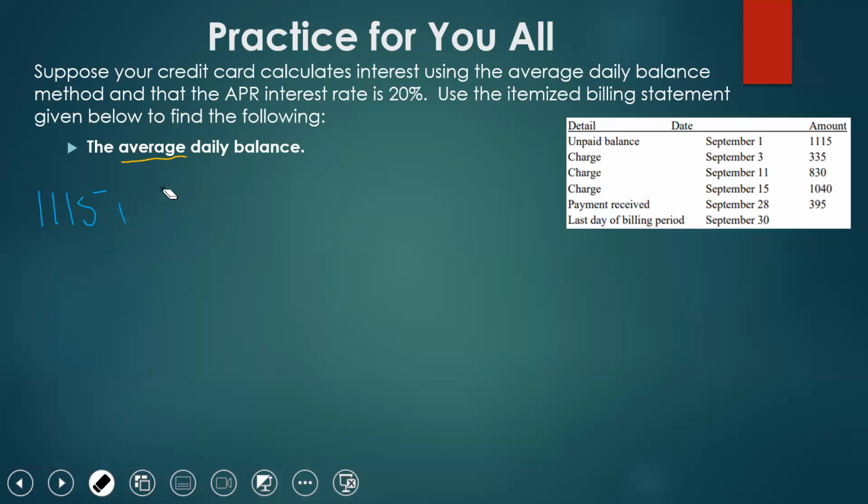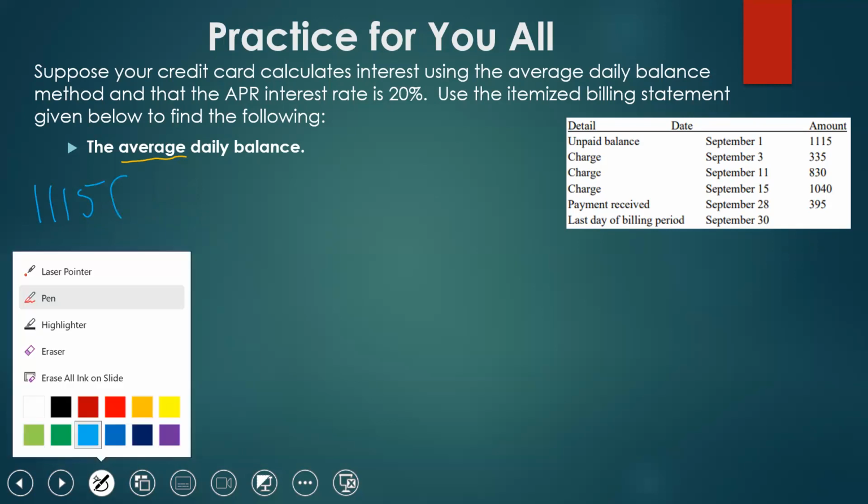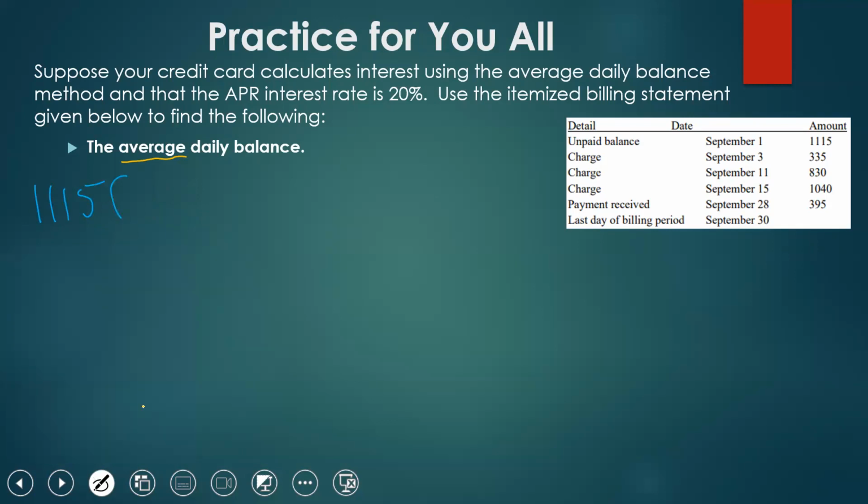Instead, we're going to shorthand that sum by taking a particular balance, in this case 1115, the starting balance, and multiplying it by the number of days that balance was carried. Again, that 1115 was carried on September 1st and September 2nd, so it was carried for 2 days. That's just a way to shorthand adding all of those things up, because 1115 plus 1115 is the same as 1115 times 2.